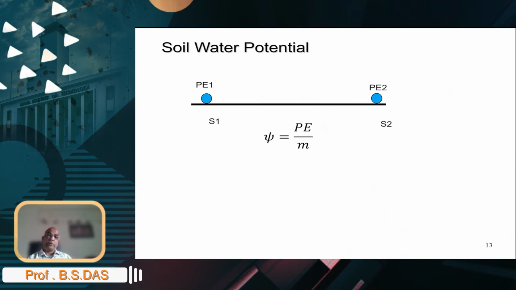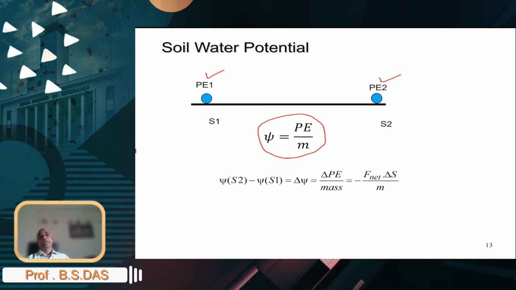Let's look at it in a more schematic manner. What we just said is that at S1 you have the potential energy PE1, and a potential energy PE2 at S2, and you define potential as potential energy per unit mass.